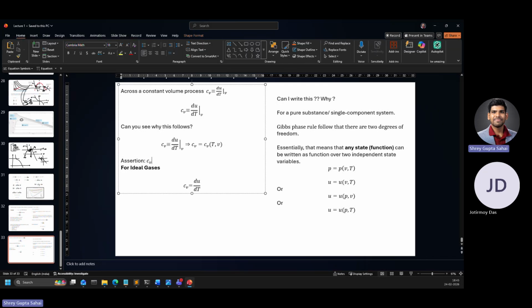Is it also a state function? Do you see why? Can you try to answer this question?